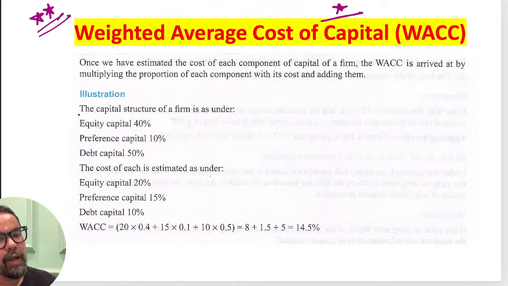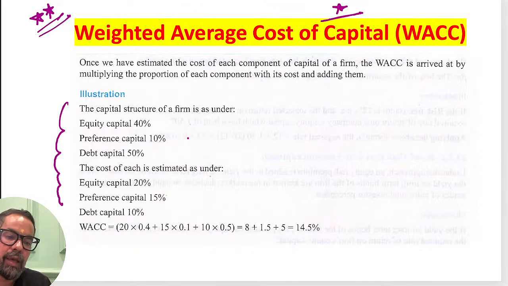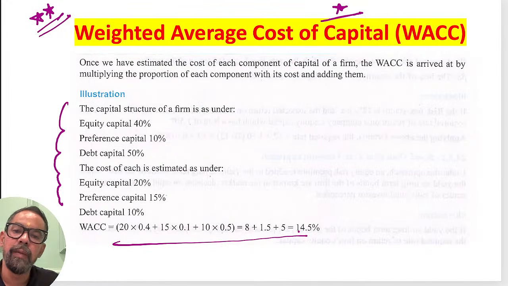Then weighted average cost of capital. Sometimes, to confuse you, this question is similar to what they have done. The formula you all know: proportion of debt into cost of debt, proportion of equity into cost of equity.